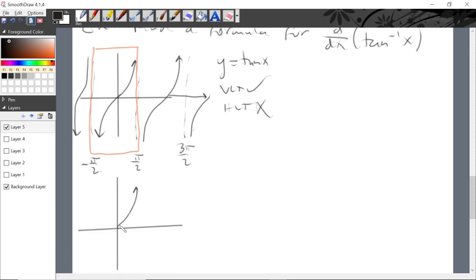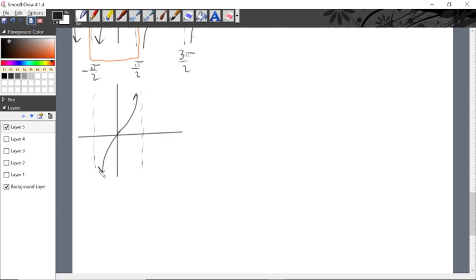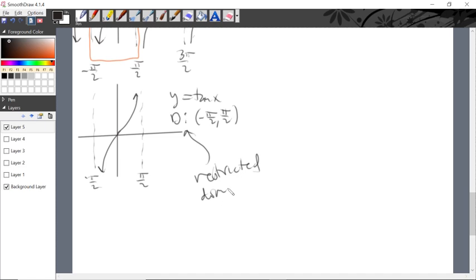So let's graph the restriction. This is y equals the tangent of x with a restricted domain of the open interval from -π/2 to π/2. That is our restricted domain.